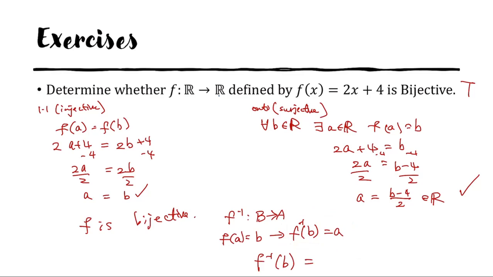We have A in terms of B: f inverse of B equals A, and we know A is equal to (B minus 4) over 2. So this is your inverse function. If you want to write it in terms of x, then f inverse of x equals (x minus 4) over 2.